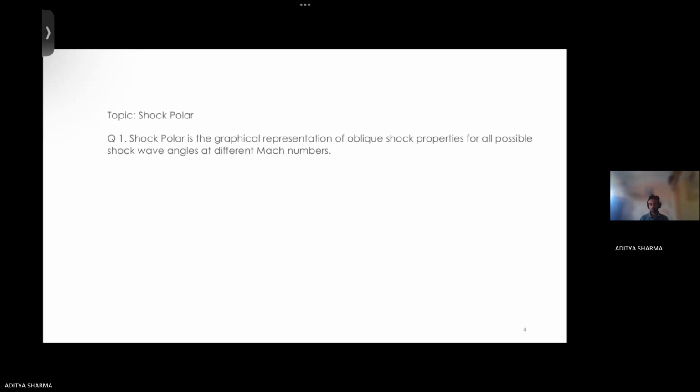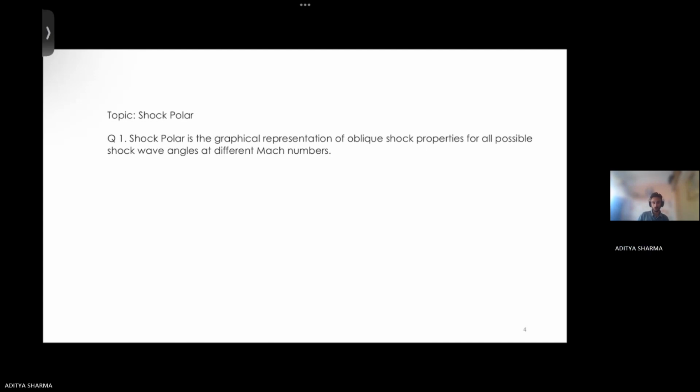As we have been doing in the previous sessions, the questions have related topics, the topics from which these questions have been taken and prepared.